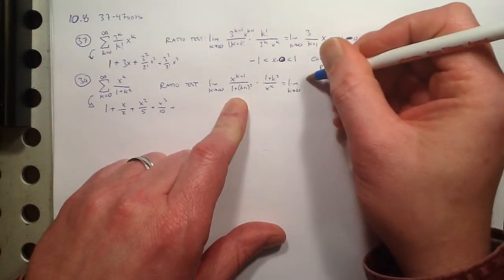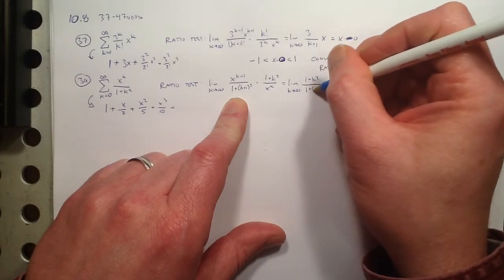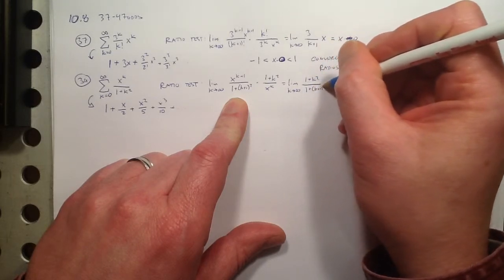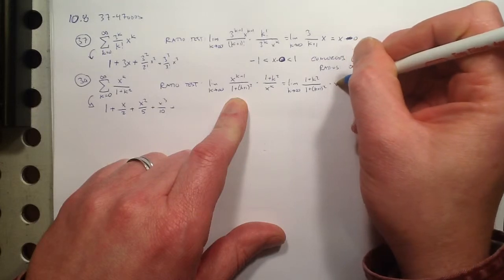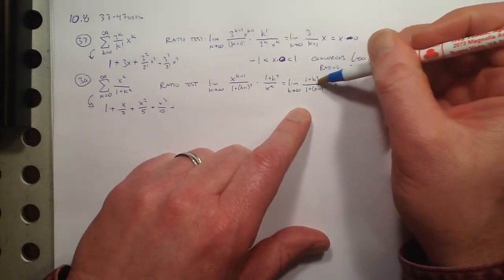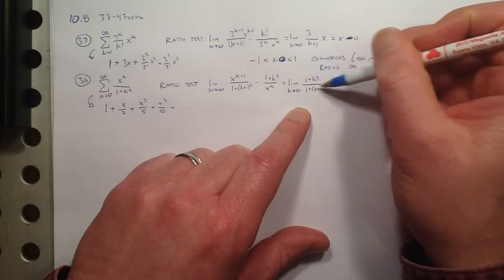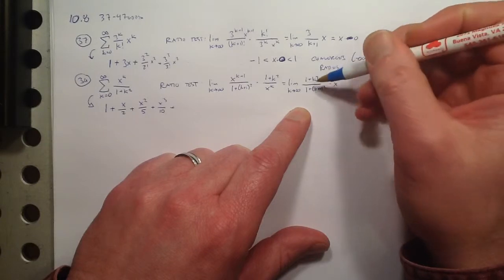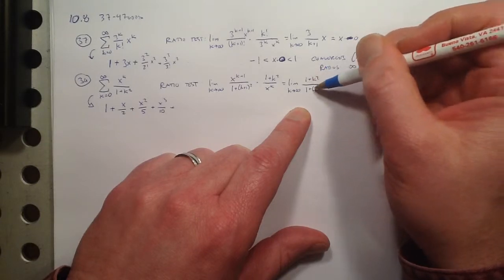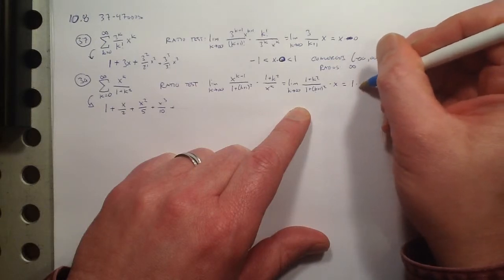And then I don't really have any way of canceling anything out here, so you could FOIL this out. But the important thing is to realize that this is a polynomial with k squared as the highest power. This is also a polynomial with k squared as the highest power. It's 1k squared over 1k squared, so that gives me 1 times x.